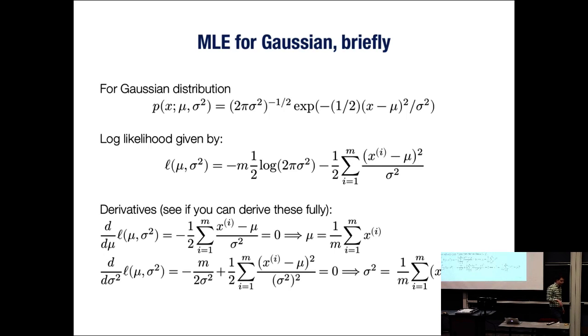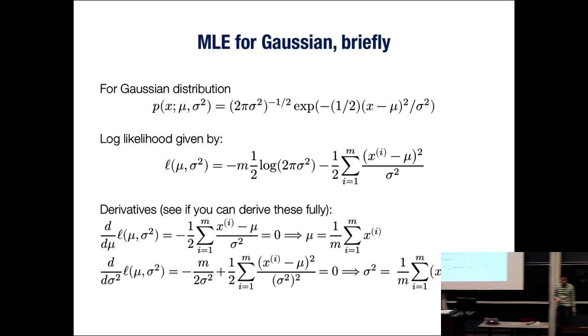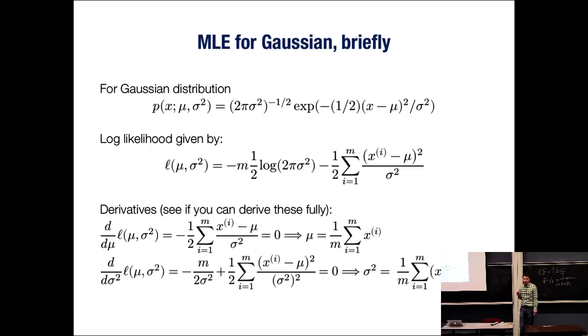Now I should say that this is not the only way to estimate these things. In fact, if you use a different estimator, one that is not the maximum likelihood estimator, you actually get a different denominator here. You get m-1 there, which is this actually very odd thing saying that if I'm estimating both my terms, I should actually inflate my variance a little bit to account for the fact that I'm not sure of my sample.